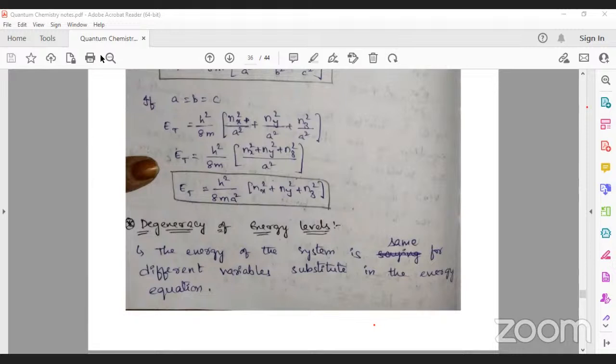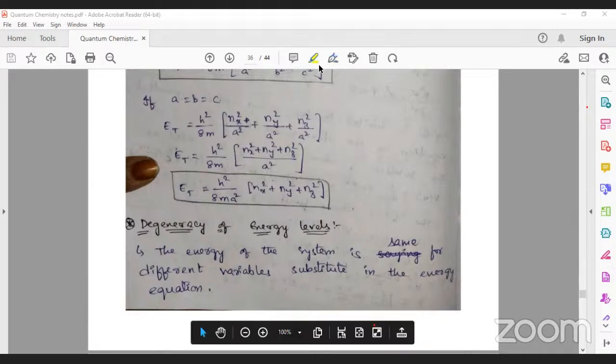What does degeneracy mean? For example, this is the energy equation, right? This is, for example, the ground state energy. But some other energy levels have the same energy. These three energy levels have the same energy.